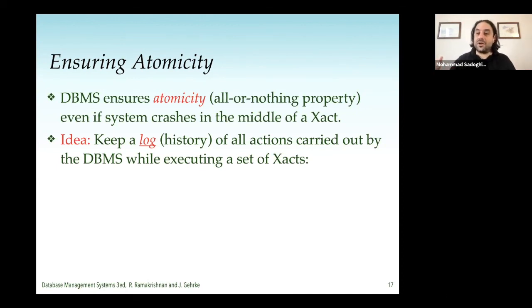Then I can go back to my log, figure out the transactions that need to be reflected onto the database, and reapply them. So I redo them. The log allows us to remove the actions that shouldn't be there, undo those transactions that shouldn't be there, and redo the transactions that should be there.